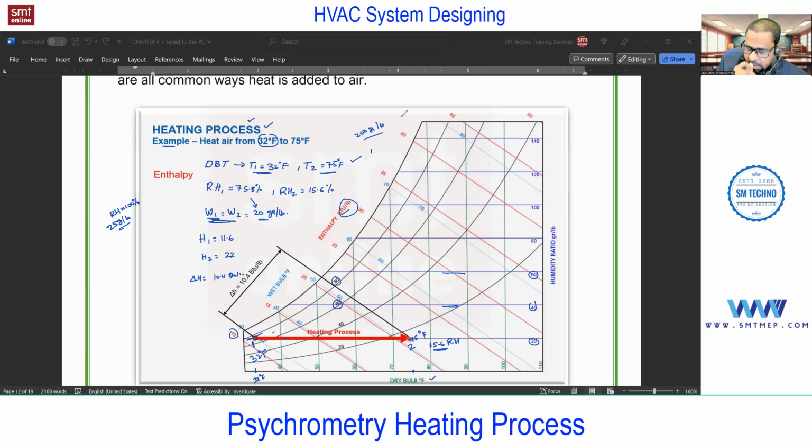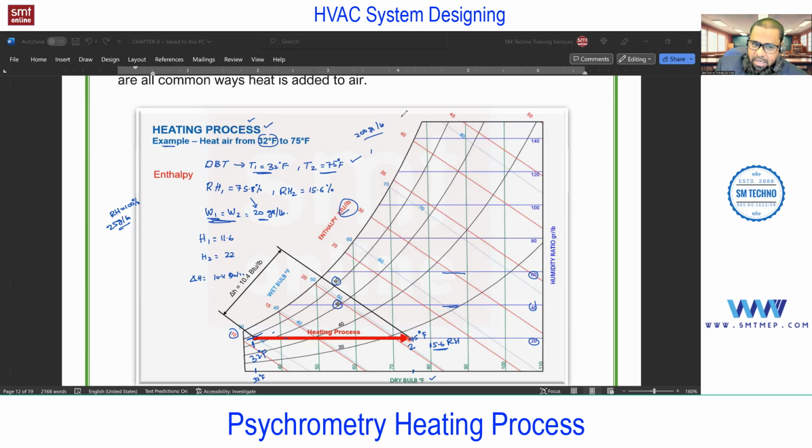Suppose the machine requires 20 degrees centigrade, but the area temperature is 10 degrees or less. In that case we require only heating, because that particular machine does not require humidity. Some machines require humidity also because they release heat, but a machine that does not require humidity needs only heating, so we can use this process.